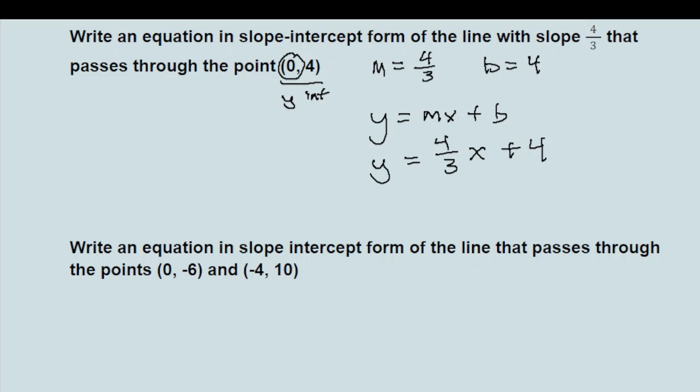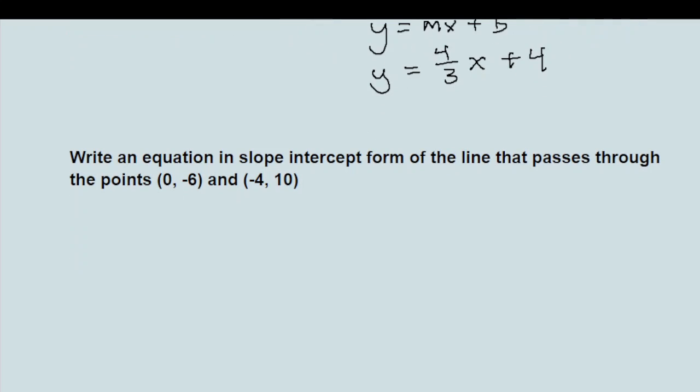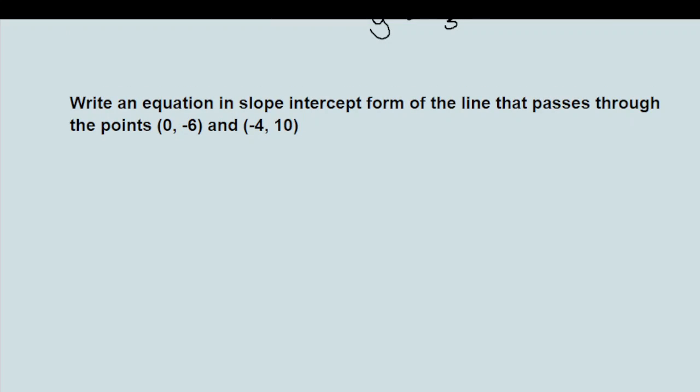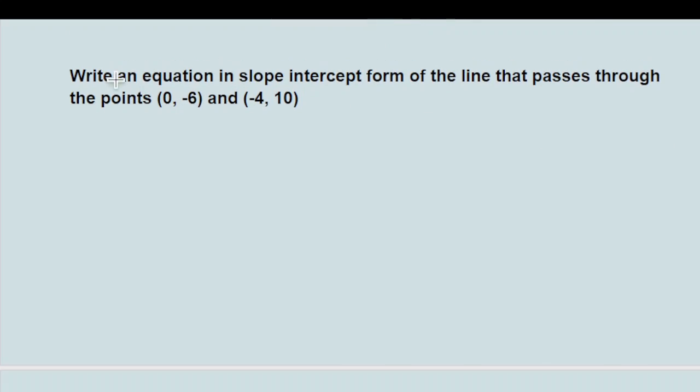All right, now in this last example here, right, it wants us to write the equation of a line that passes through these points. So I know by now how to recognize my y-intercepts because x is 0. So this is my y-intercept, which means I have that point. I have that number, but I don't have my slope.